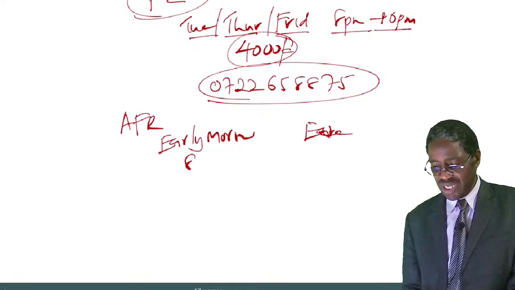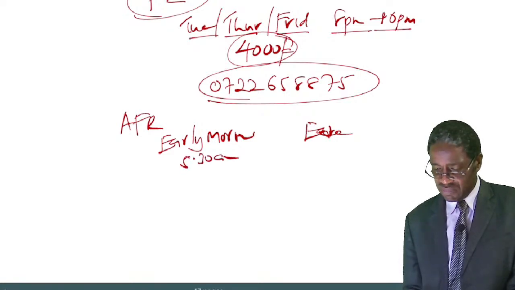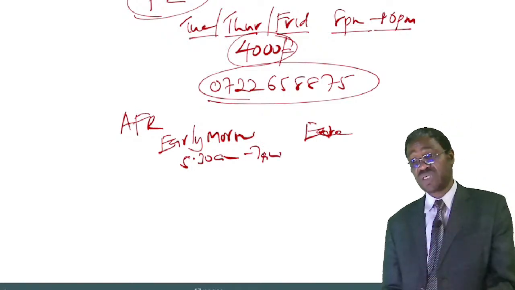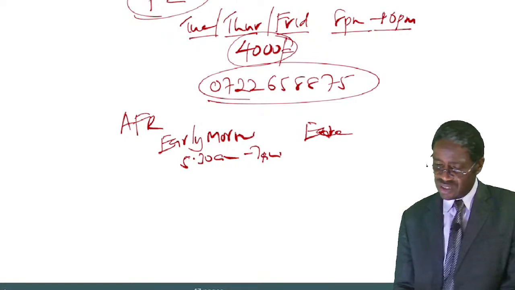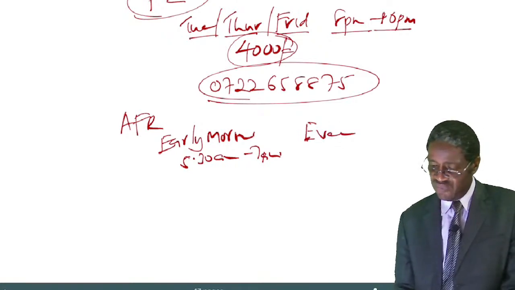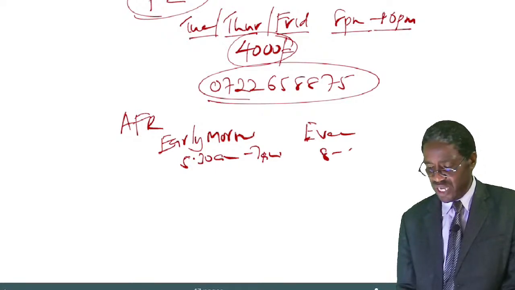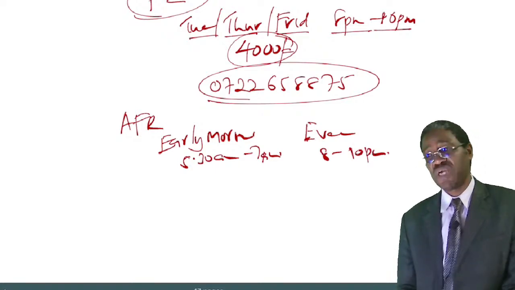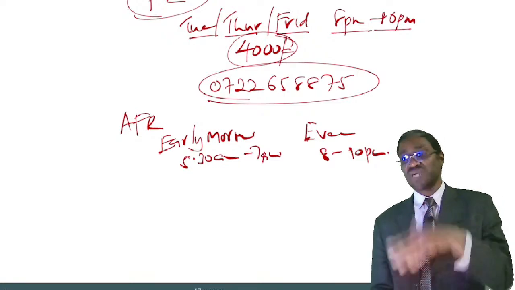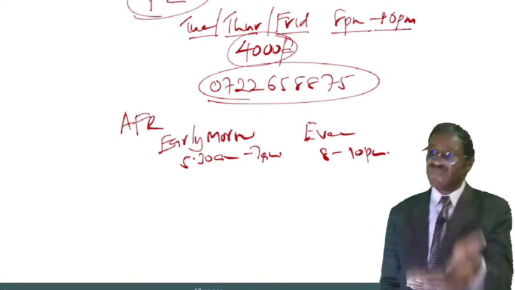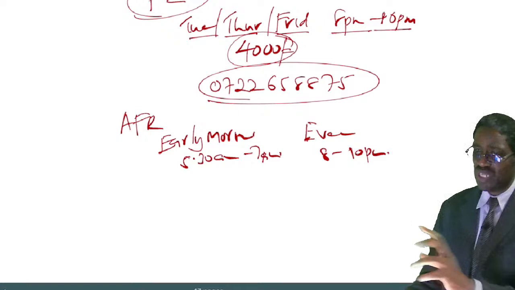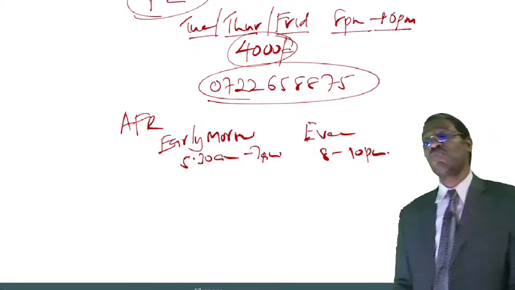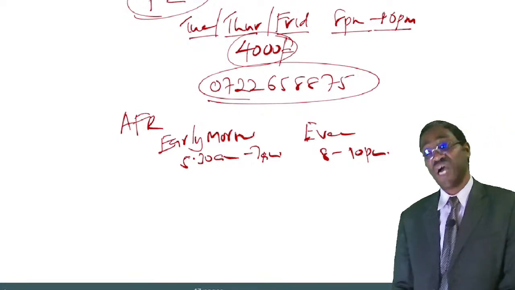Our early morning classes start from 5:30 a.m. to 7 a.m., 3 days a week. Our evening classes start from 8 p.m. to 10 p.m., 3 days a week. Again, the same system. If they miss the class, they can still go back and listen to the videos again.